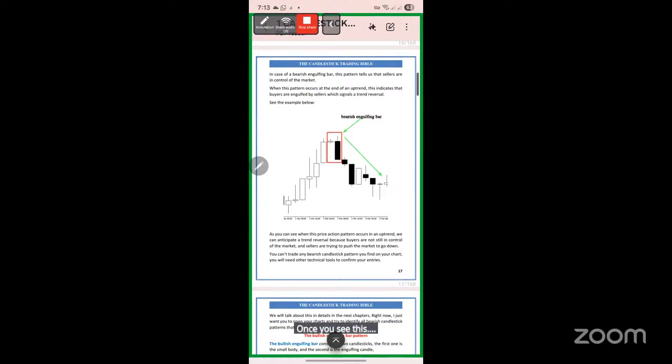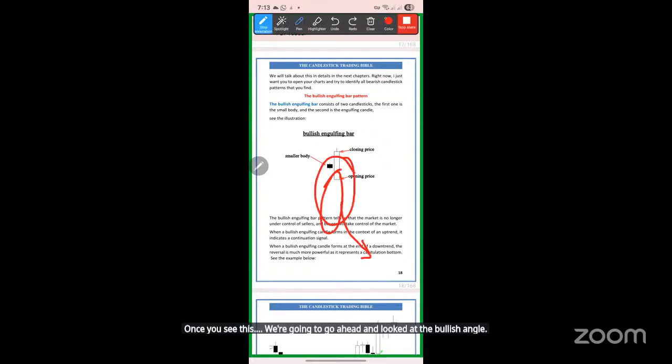Once you see this, we went ahead and looked at the bullish engulfing. Bullish engulfing is the opposite of the bearish engulfing. This one small red candle, this one a big green candle that engulfs the small red candle.